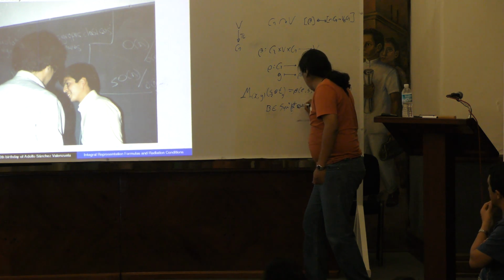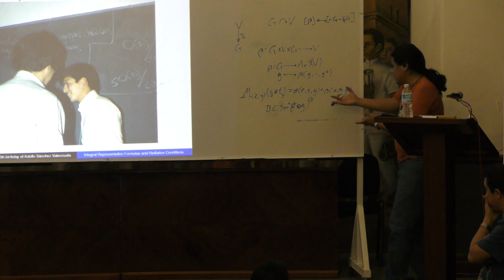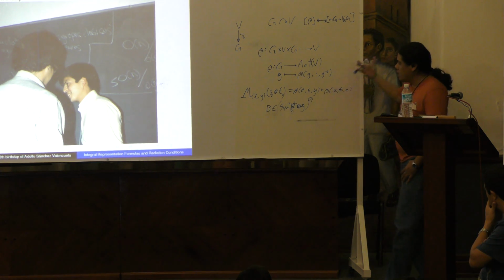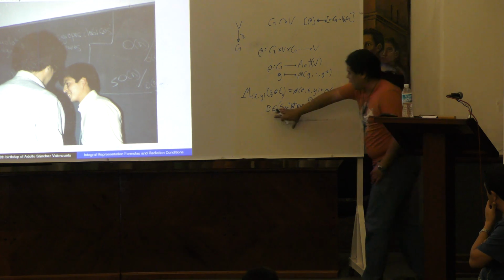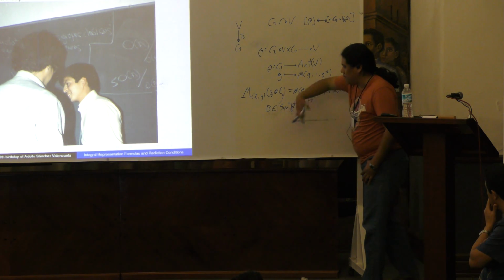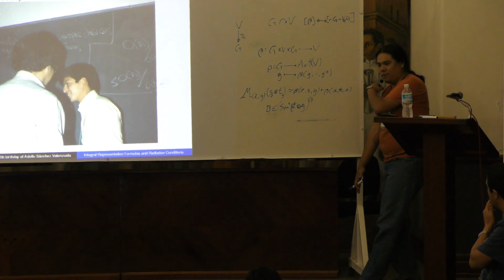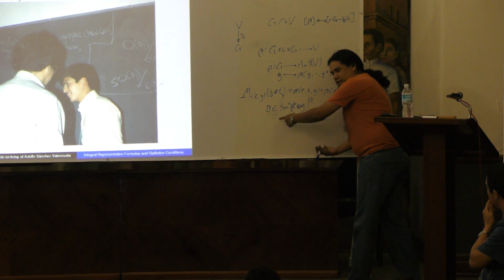tensor G, which is invariant in this case, if you consider it as an element of a vector space. From this, one needs to construct a multiplication map that is associative. And the other way around, from an associative multiplication, one needs to get one of these.